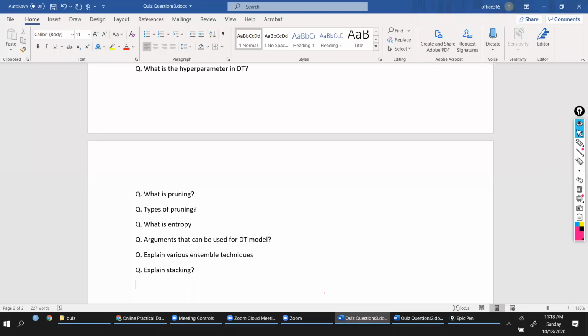Combining different algorithms into one. Okay, not really. Meta learning. Okay. Use heterogeneous algorithm. Okay. Stacking basically is combination of multiple models.